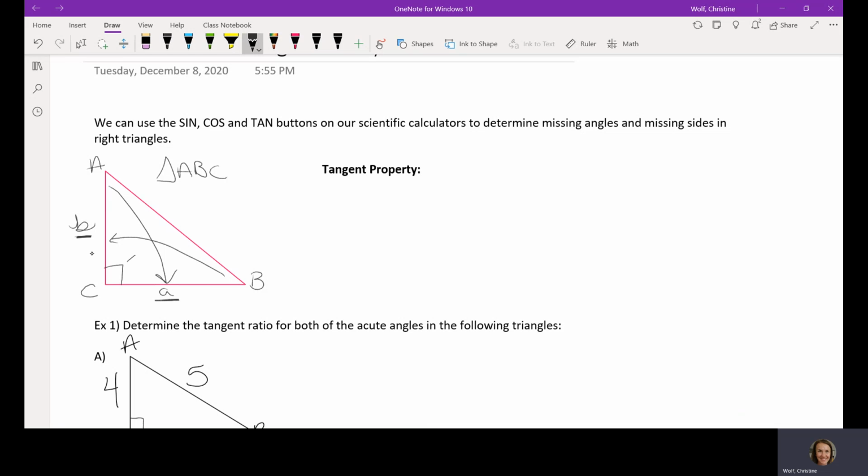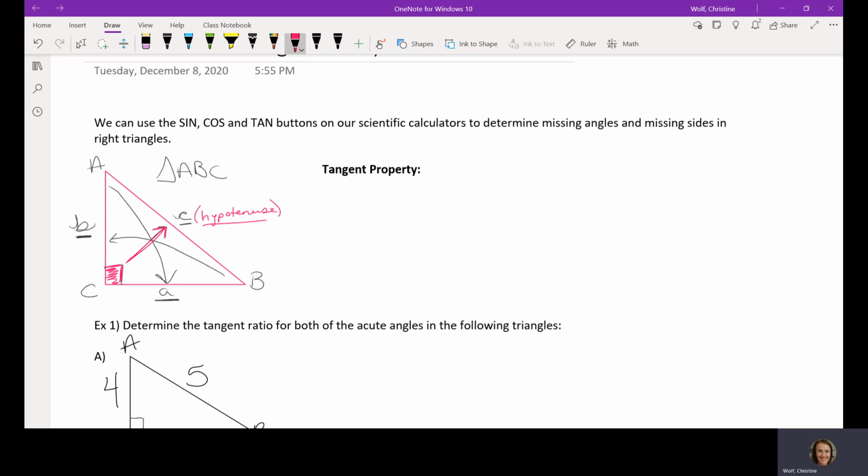And then finally, this side here that's opposite C would be lowercase c, but also this side is called the hypotenuse. The hypotenuse is always the side that's opposite of this 90-degree angle.